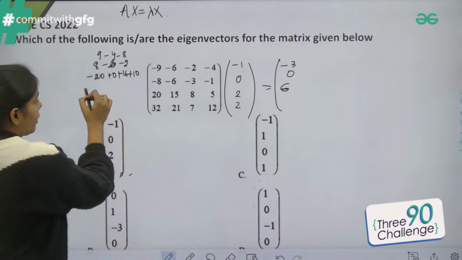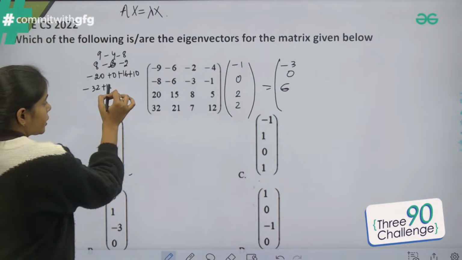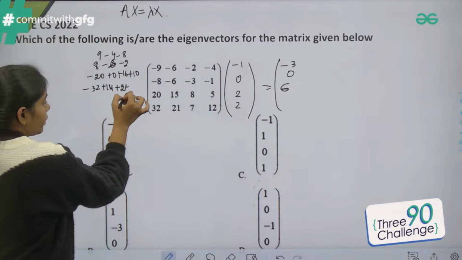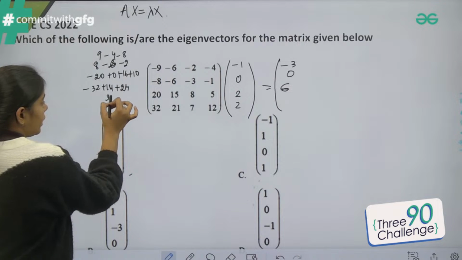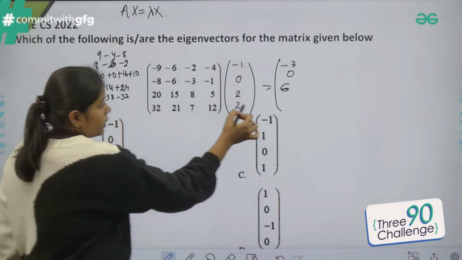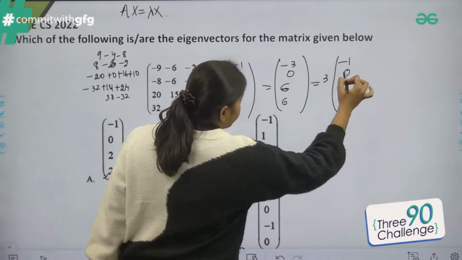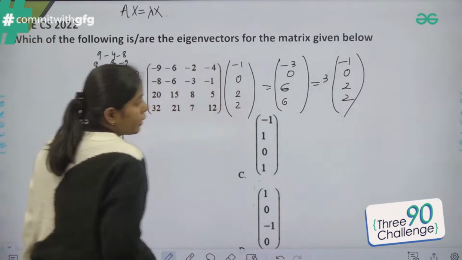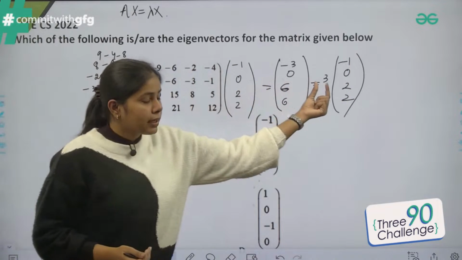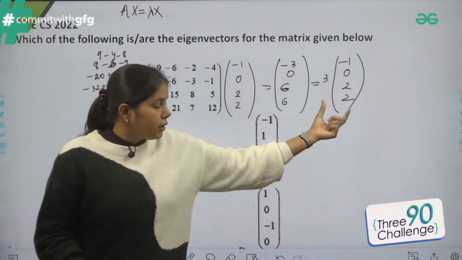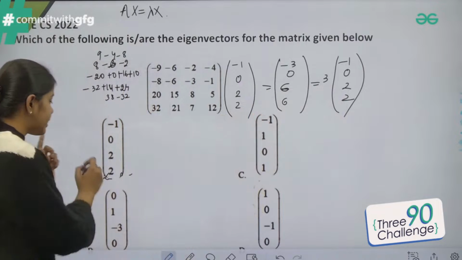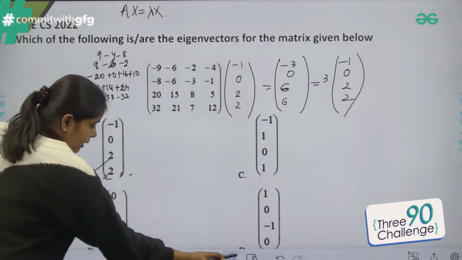Again, if I multiply, minus 32 plus 14 plus 24, that means 38 minus 32. That would give me 6. If I take 3 common out of it, I can see -1022. So A x giving me lambda x, that is 3 into x. That means this is an eigenvector. So option A is correct.